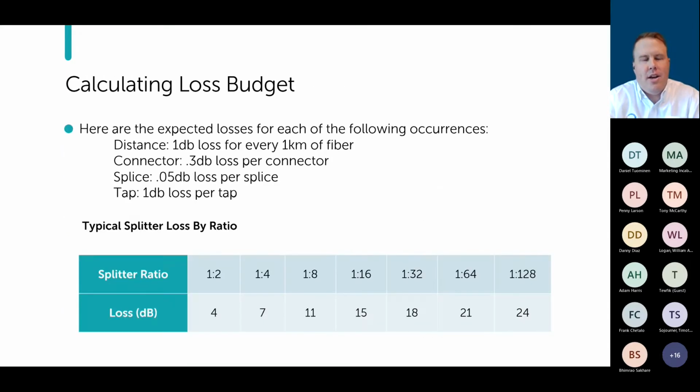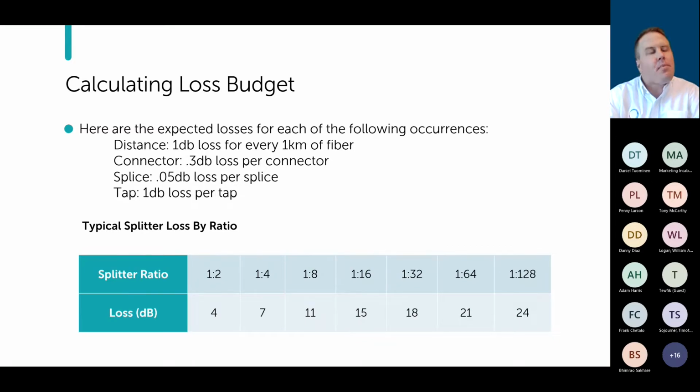As we calculate our loss budget, typically you're going to lose 1 dB for every kilometer you travel down the fiber. An SC/APC connector, you're going to lose 0.3 dBs. A splice, with splicing technology the way it is now, is 0.05 dBs, if not lower. A straight fiber to fiber splice, we really shouldn't see much of a loss at all.